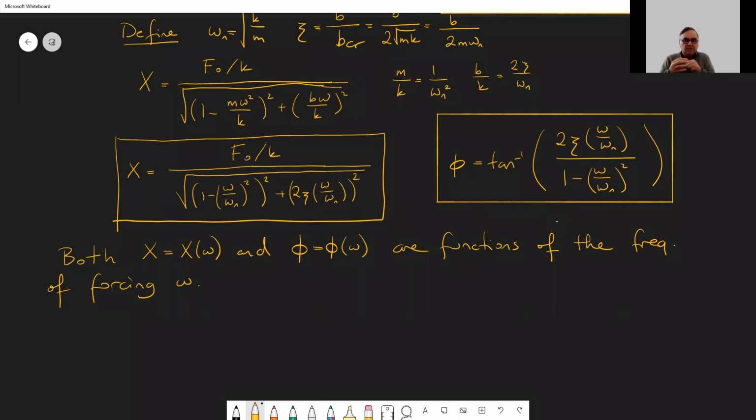Okay, as omega changes, x and phi change. That is, the values of x and phi change.